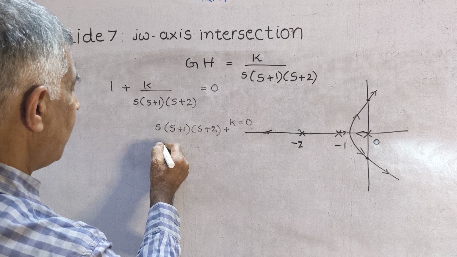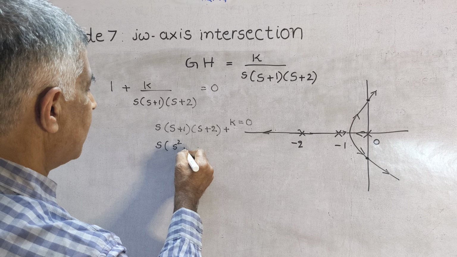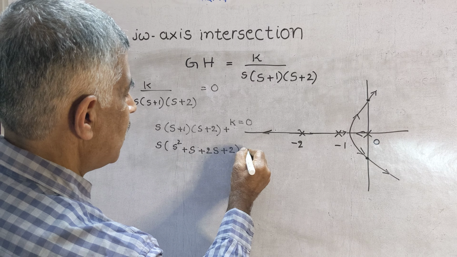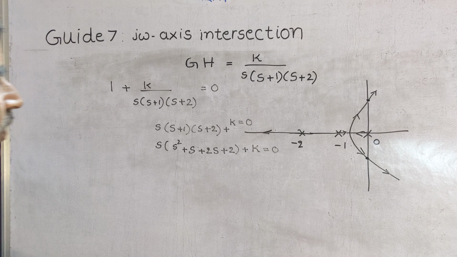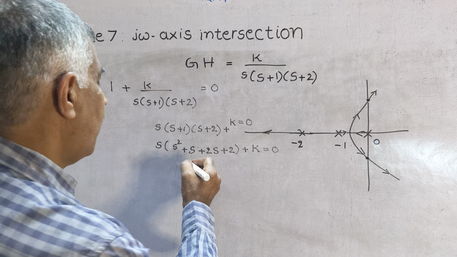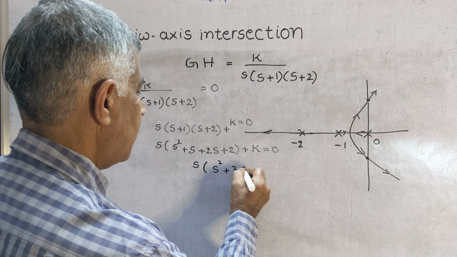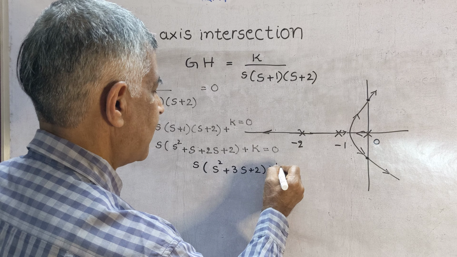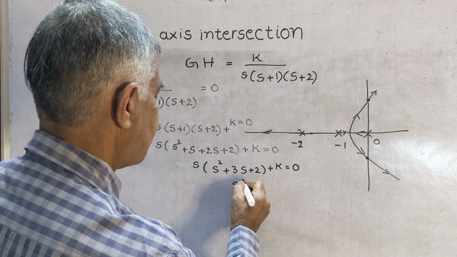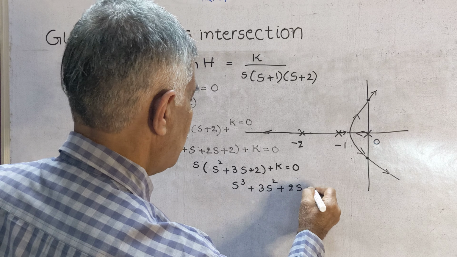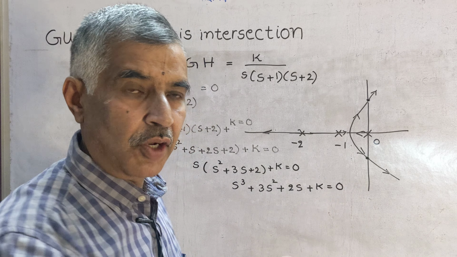Further simplifying, s into (s square plus s plus 2s plus 2) plus k equal to 0. Then simplifying, s into (s square plus 3s plus 2) plus k equal to 0, that is s cube plus 3s square plus 2s plus k equal to 0.